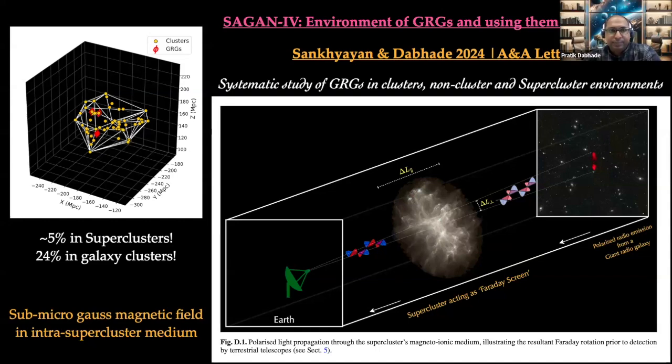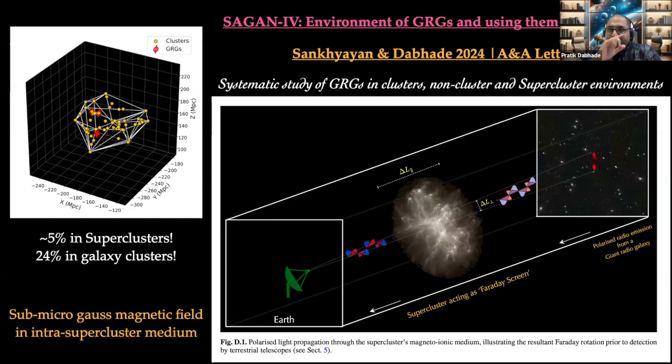Yes. And you mentioned a very small magnetic field strength, sub-microgauss. Sub-microgauss, yeah. Is there any contribution from the cluster? How do you exclude the contribution from the cluster?